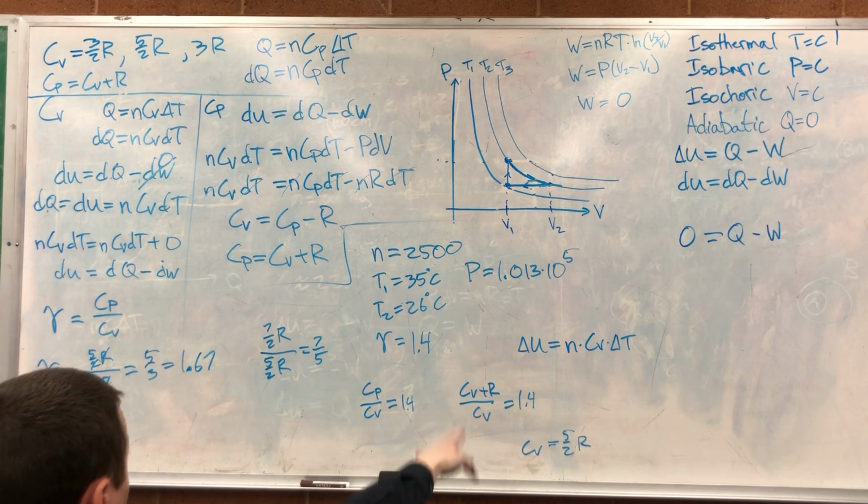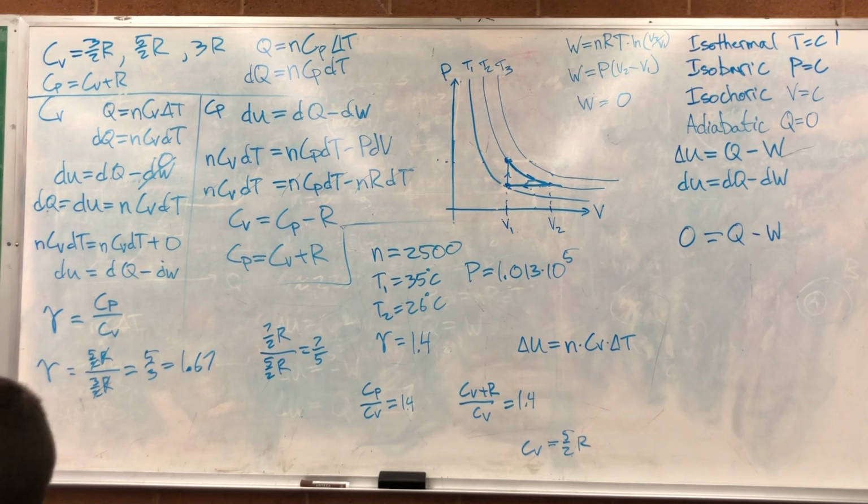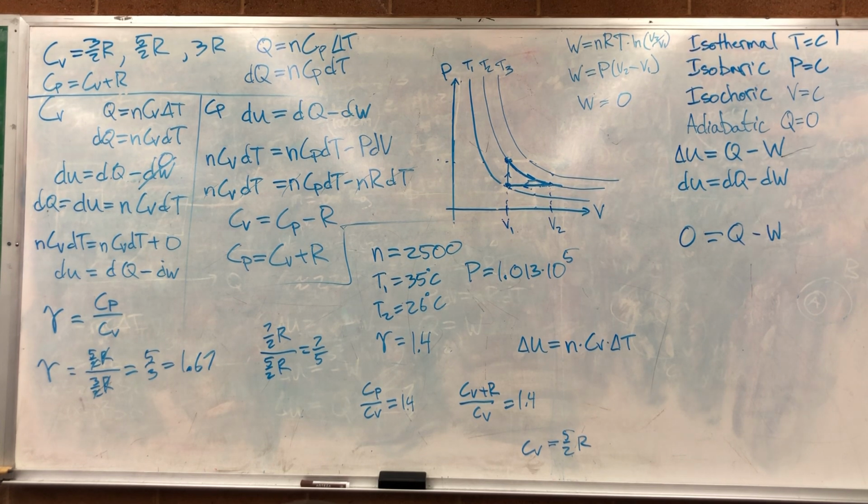Alright, so that will be our CV, that's our N, and we know our delta T. Our delta T, remember, is a negative number. We're going from 35 to 26, so we're going down 9 degrees. So we have 2,500, that's our number of moles, times 5/2 R, times our change in temperature, which is -9.